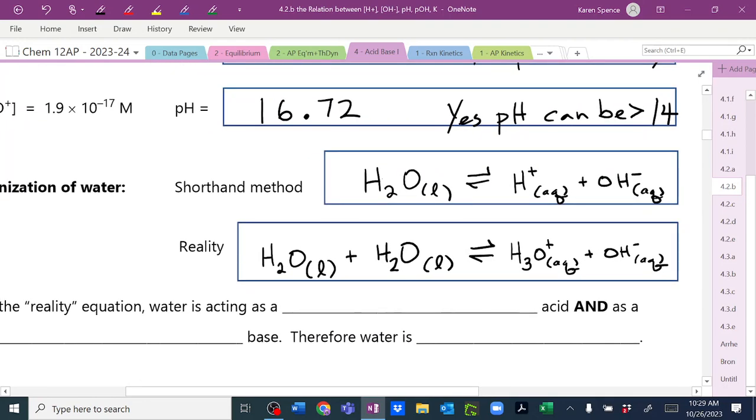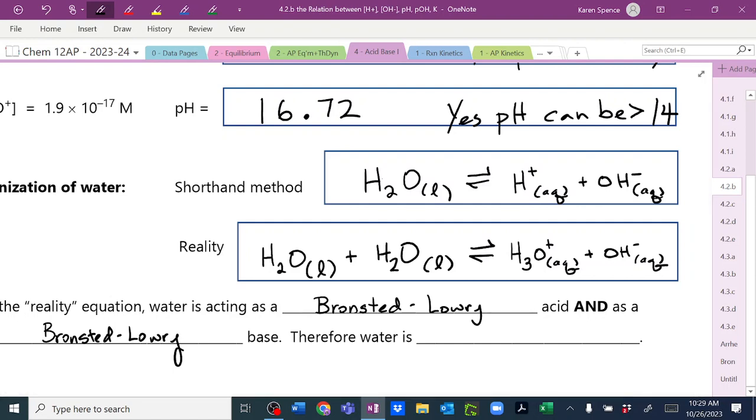In our reality equation, water is acting as a what kind of acid? Bronsted-Lowry acid, and it's acting as a Bronsted-Lowry base. Therefore, water is, fill in that word, see if you can remember how to spell it, amphiprotic.